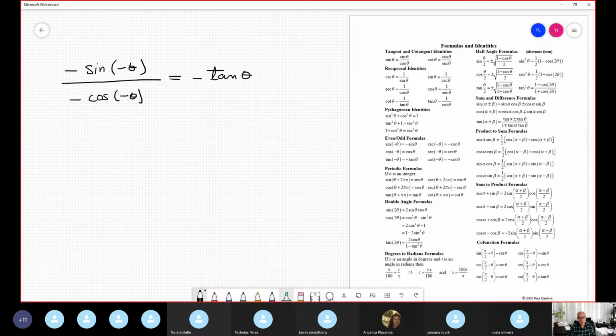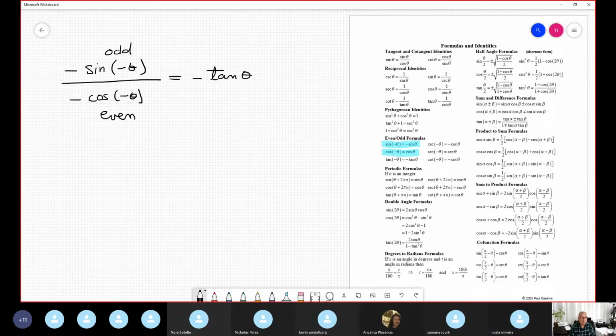For example, using sine of negative theta and cosine of negative theta, the even-odd formulas. So I know that the sine function is an odd function. However, the cosine is even.